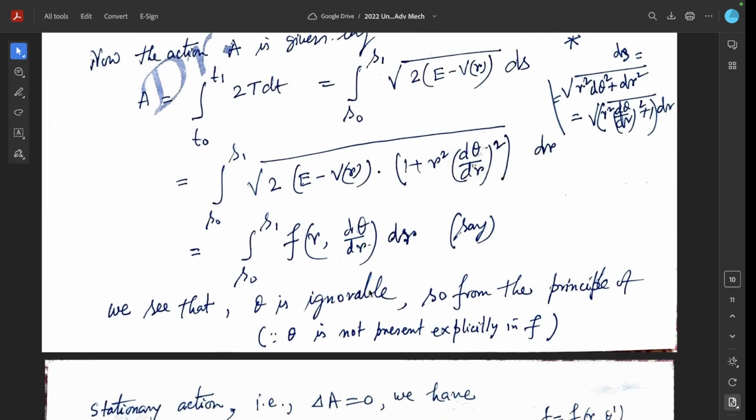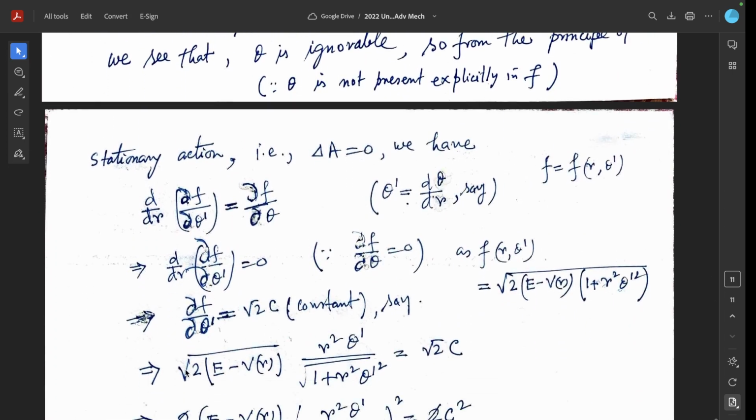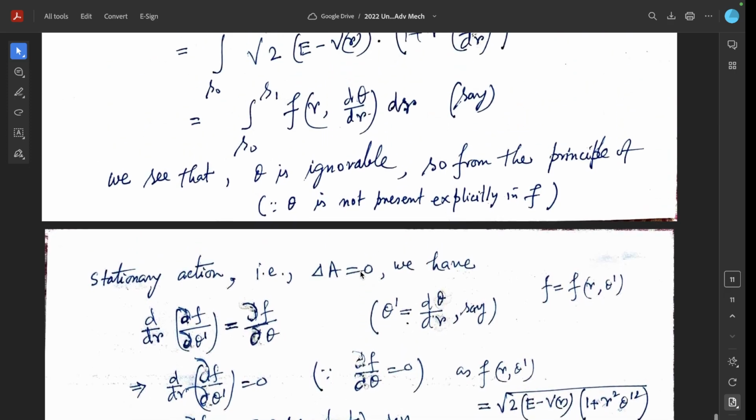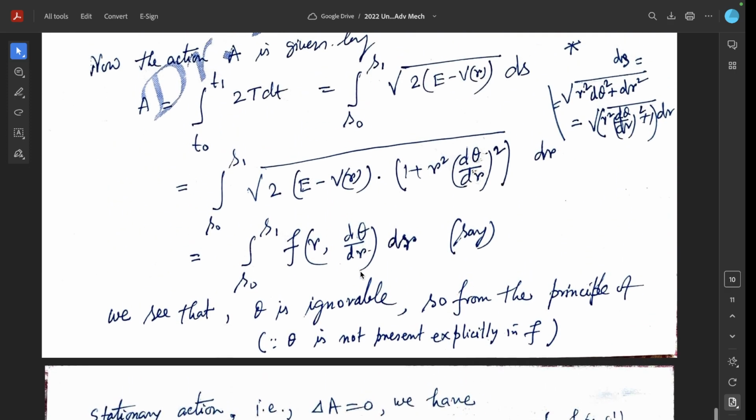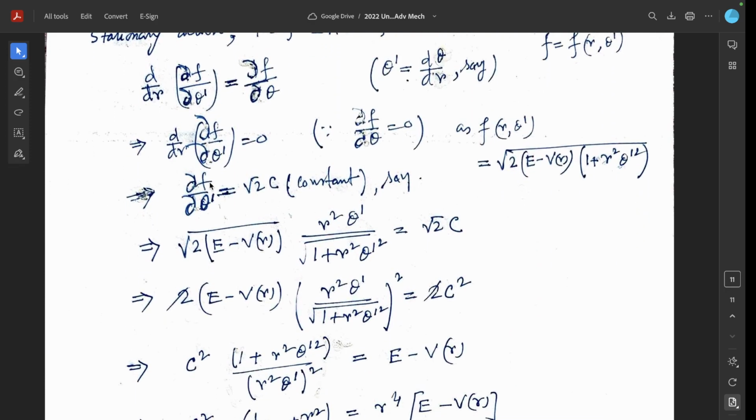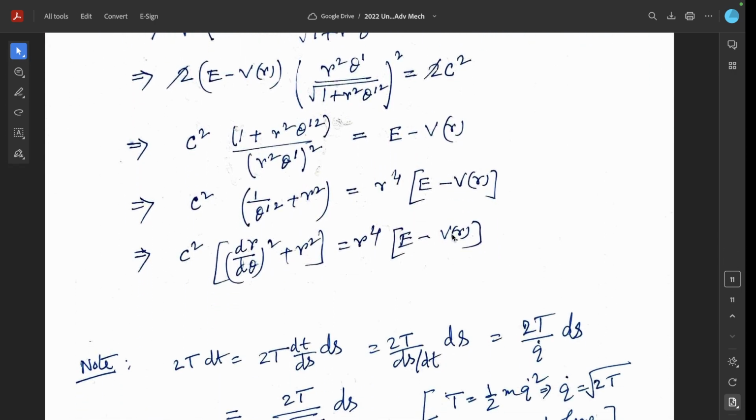So f is the function, say f(r, theta dash) equal to twice E minus V, times the square root of 1 plus r squared times theta dash squared. So the partial derivative of f with respect to theta dash equal to 2c, because f is this. After simplification, we get this result.